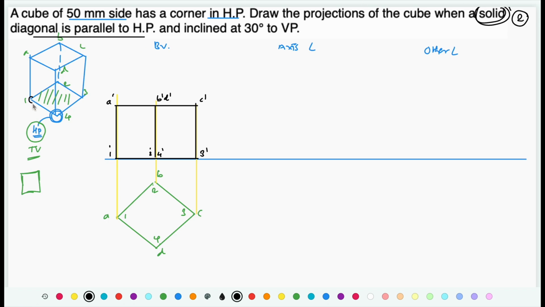Take one of the corners of its bottom and connect it with another corner of the top face which is on the opposite side. So left bottom corner, right top corner, and when you connect those two points, the line that you get is nothing but the solid diagonal.